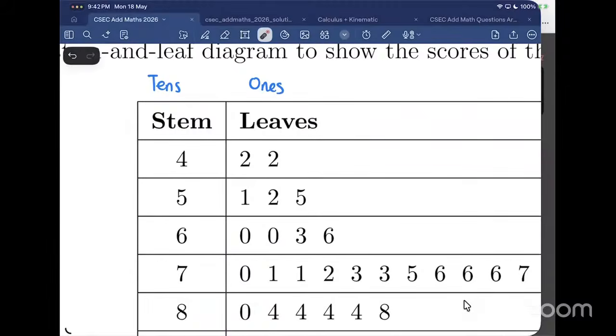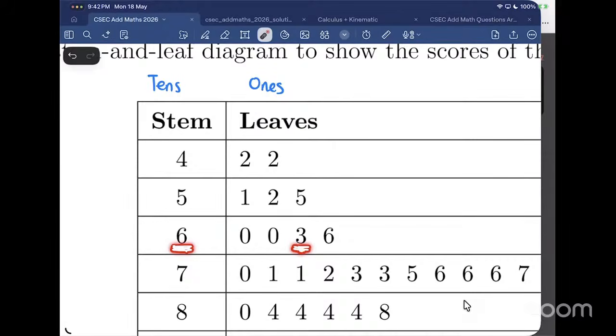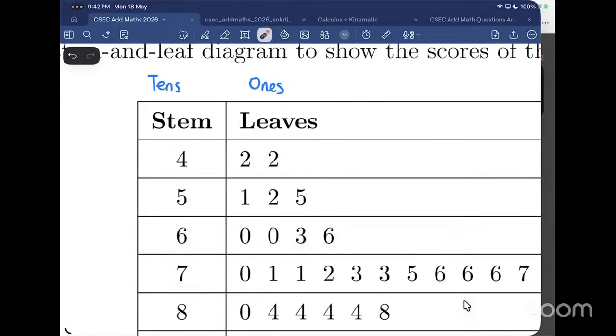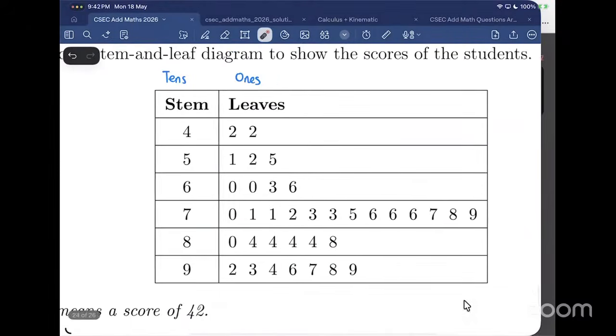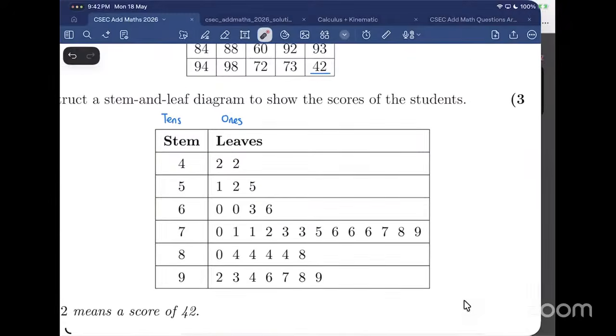If I ask you about this, what value would that be? 63. What value would this be? 76. Cool. It's a very tedious process, but the stem and leaf diagram is straightforward. Let me know if you understand. Yes, I understand so far.